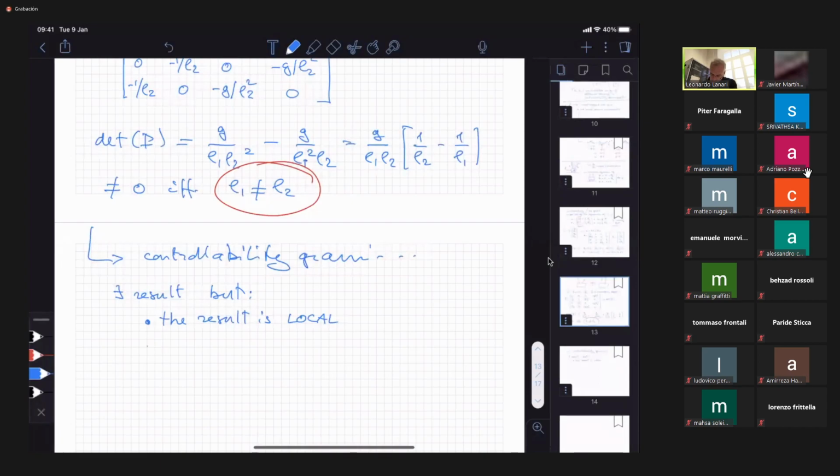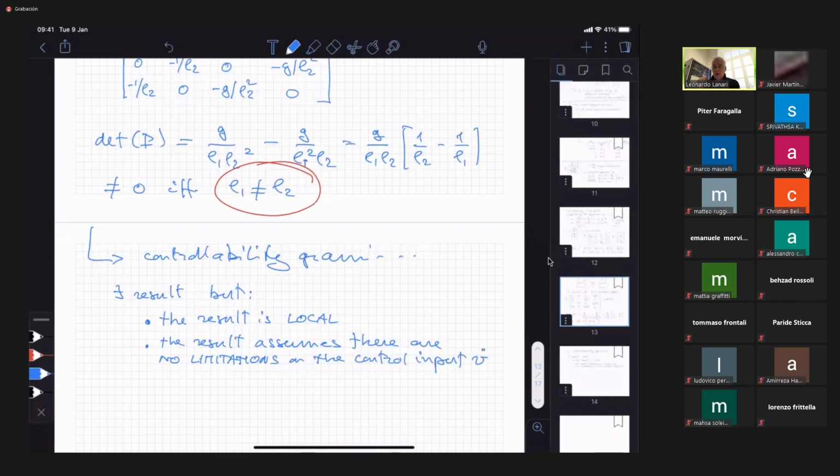And secondly, the result assumes there are no limitations on the control input, V dot.